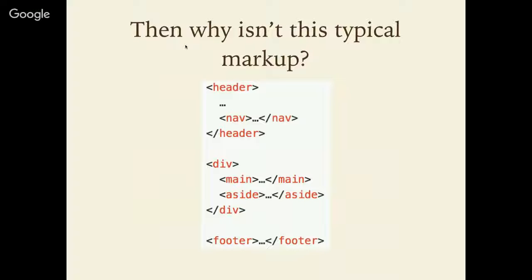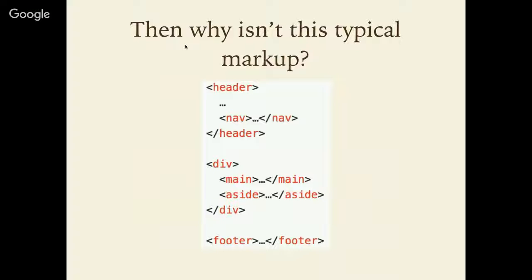Because on a lot of websites you would see the same structure, but they would use divs with either classes or IDs, and the classes or IDs don't really add semantic meaning to divs or to elements. So you're better off just using the HTML elements and styling those.